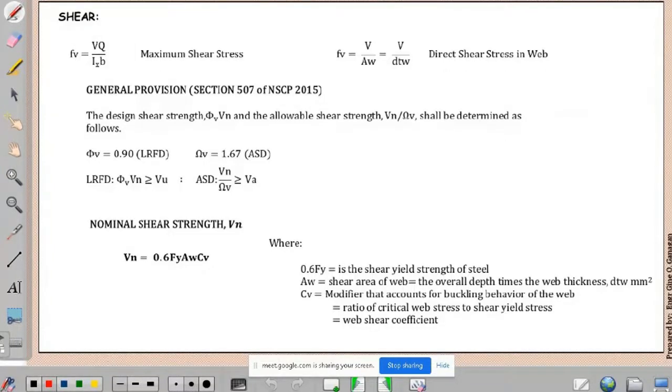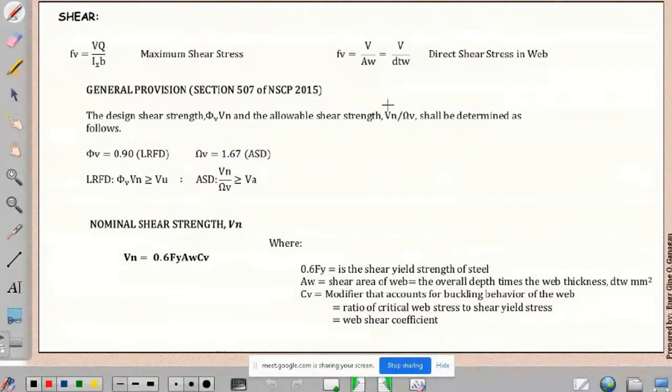So let's discuss yung aking binigay na module last week. Yung shear and deflection of beam. So we have here the shear.